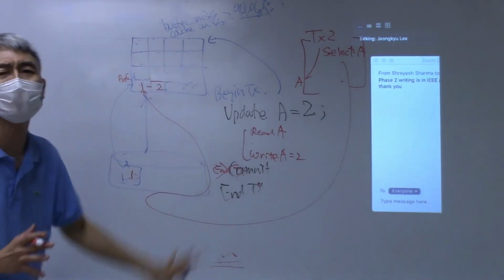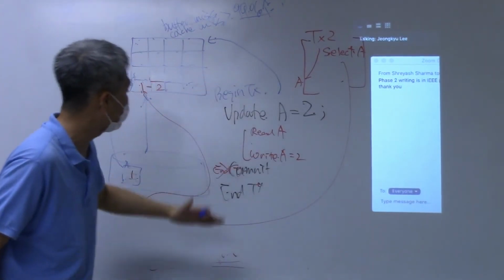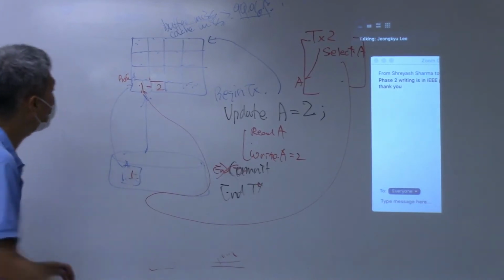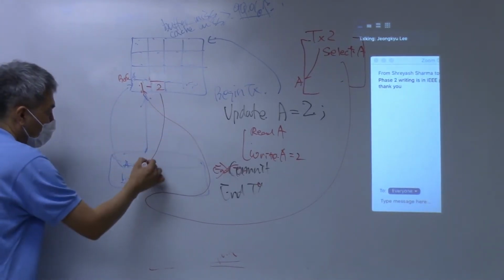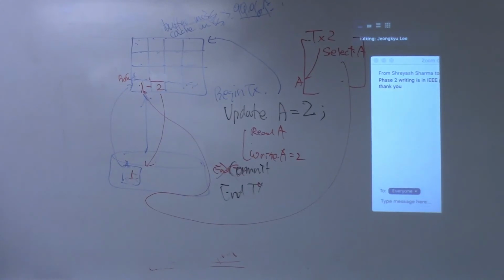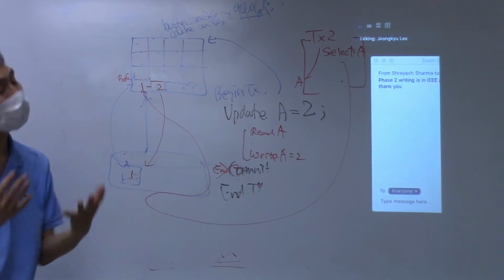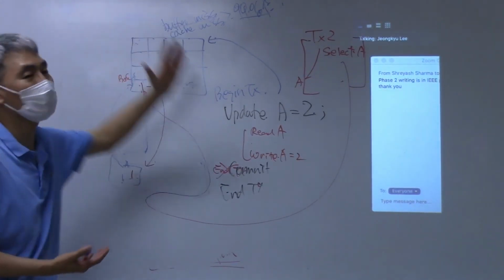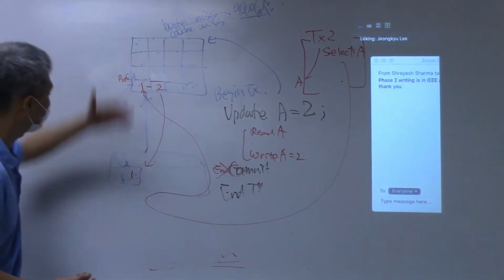There are a lot of things we need to consider: transaction management, buffer management, and here also deferred writing. Even though commit is applied, it's not written to the hardware, the permanent storage. Later, from time to time, when the system is idle, then it's written.